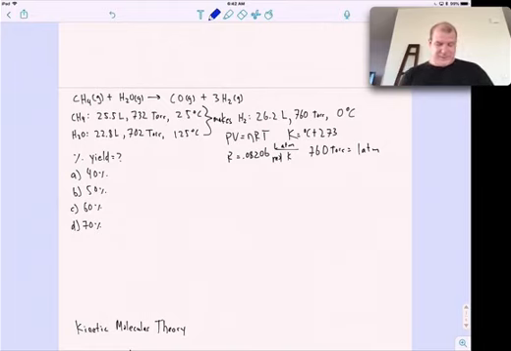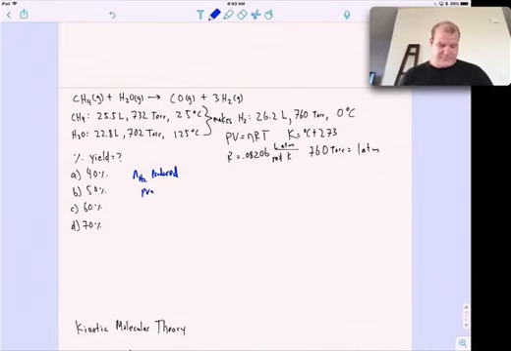We're looking for the moles of hydrogen produced. Like any limiting reagent problem, we're looking for the moles, the theoretical yield of hydrogen, and the limiting reagent here is water. So we have to figure out the moles of water.